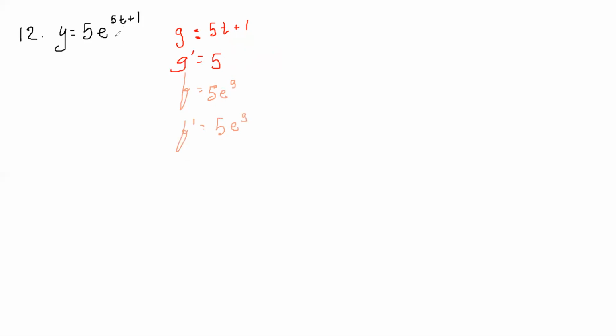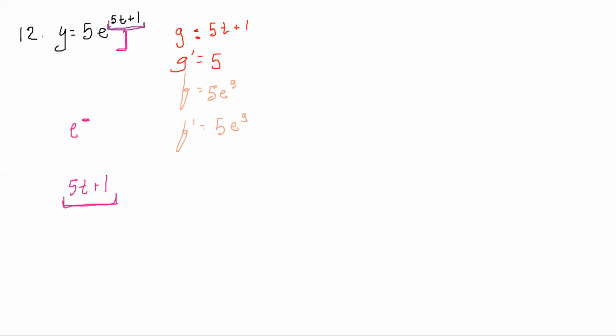I'm looking for functions within functions here. The one that I decided to split apart was this function that's up here, and then the function e to the blank. So I have this e to the blank function, and then I have this 5t plus 1 function. Those are the ones that I'm breaking up so that I can analyze it using the chain rule.